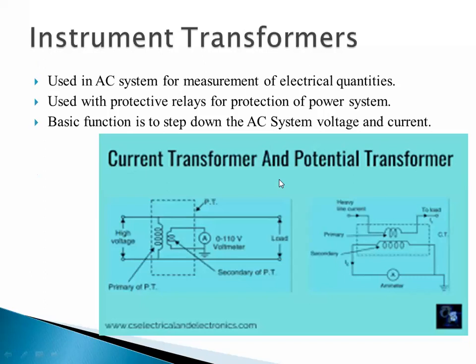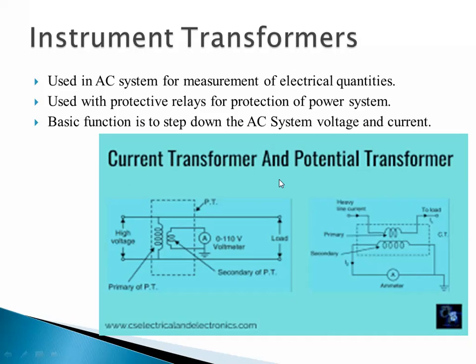So here, is the screen clearly visible? Now here, you can see the diagrams. This is used in AC system for measurement of electrical quantities. Then used with protective relays for protection of power system.